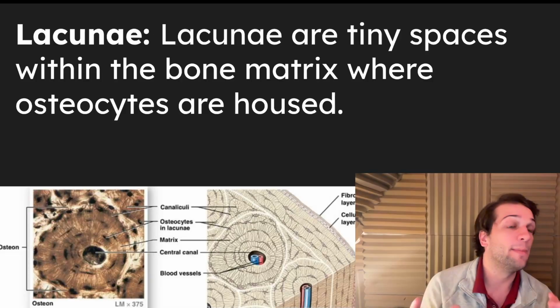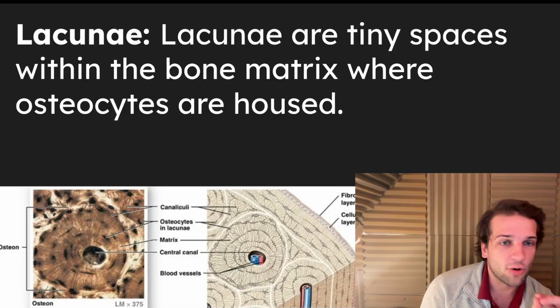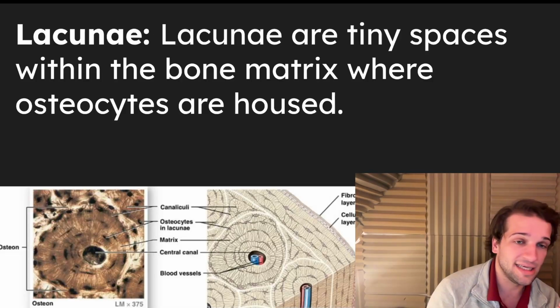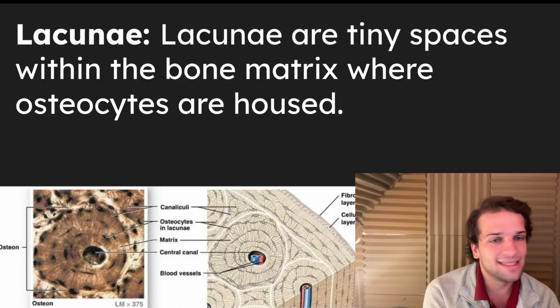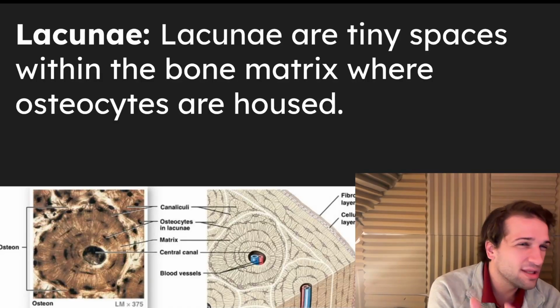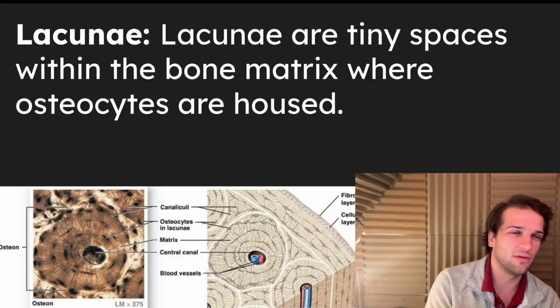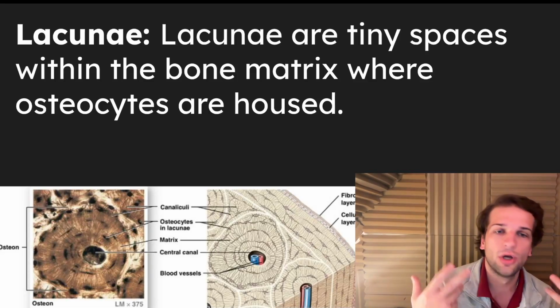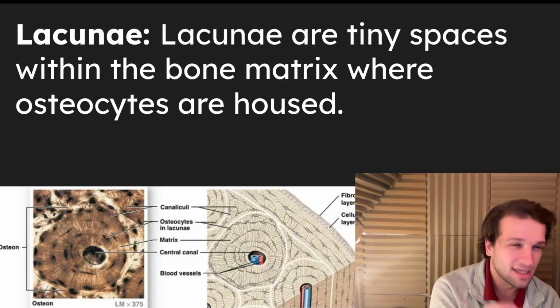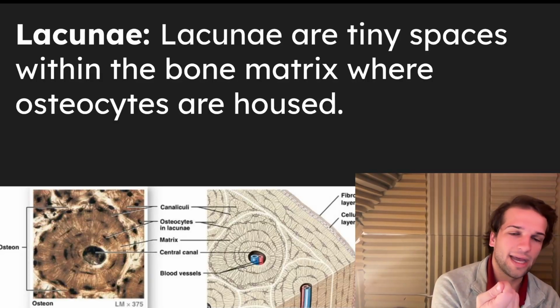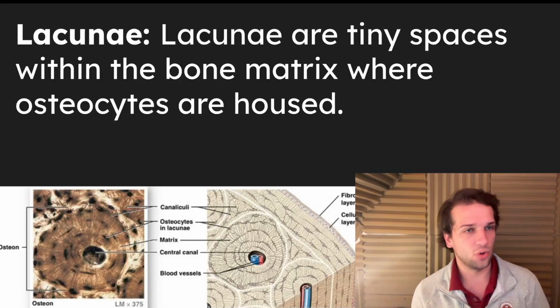So in that microscopic image, all those little black dots that you see, right? Those are the osteocytes, and they are sitting inside a little pocket, right? You can't really see the pocket because you can't see it on a 2D image, but that black dot sits in a caved out pocket called a lacuna.